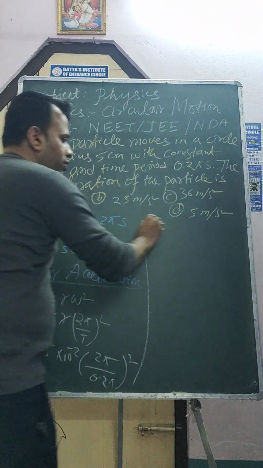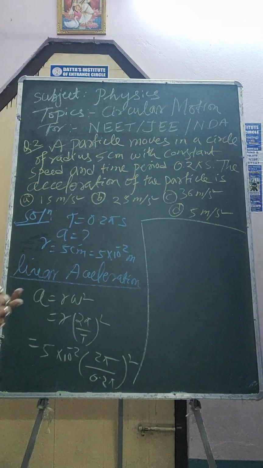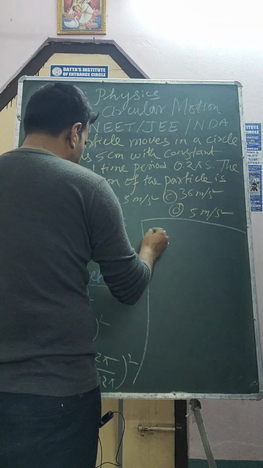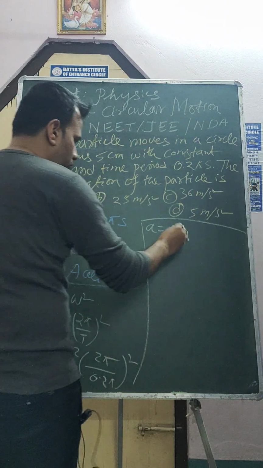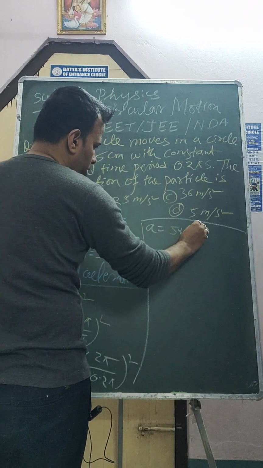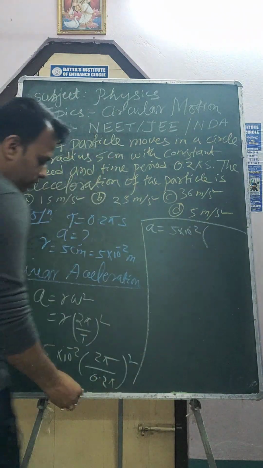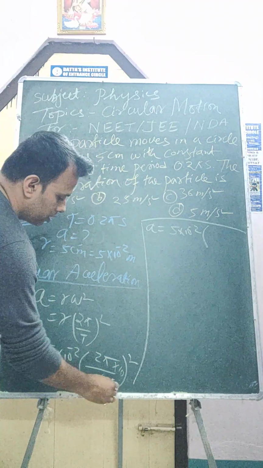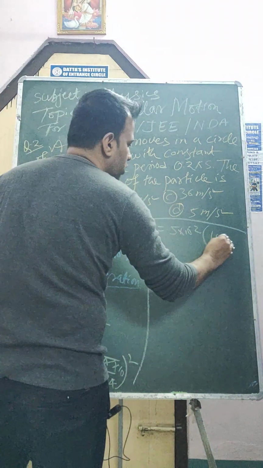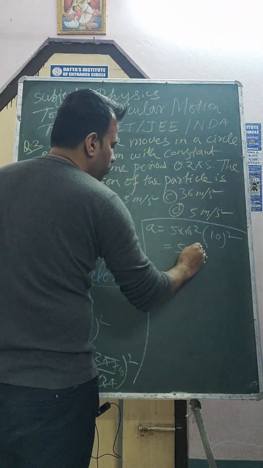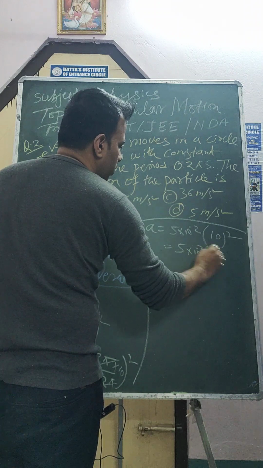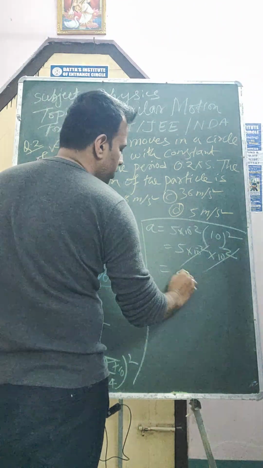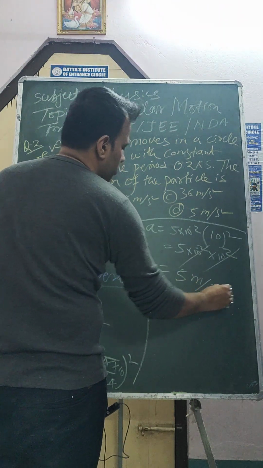Now a equal to 5 into 10 to the power minus 2, and if I simplify this, here there will be 10 square and pi will be cancelled out. So 5 into 10 to the power minus 2 into 10 to the power plus 2. These cancel, so what is left here is 5 meter per second square.